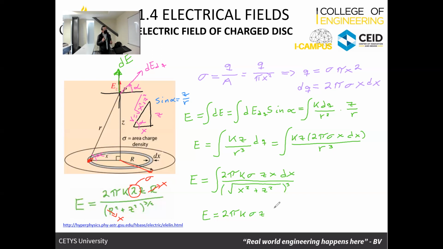X isn't constant, because x is what we're varying. So x is going to go from 0 to r. So x is going to be a variable. So this is going to be 2 pi k sigma z times the integral of x dx divided by x squared plus z squared to the 3 halves. And that would be the integral we need to solve.